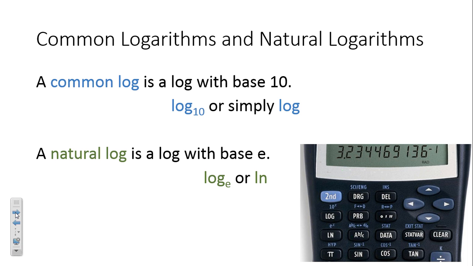So, common logs and natural logs. There are two types of logs. We were just working with lots of random logs. They had lots of different bases, didn't they? Now we're going to talk about two special logs, logs that actually have tables residing in your calculator.